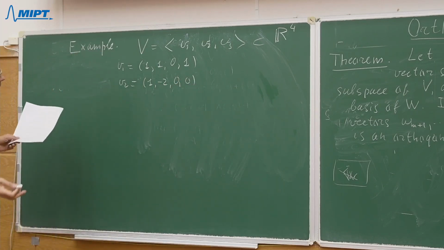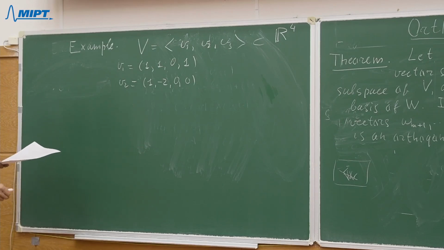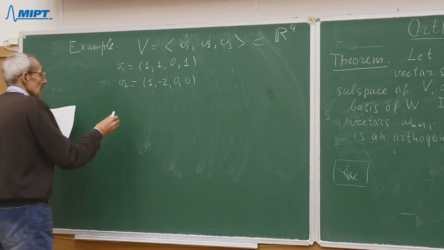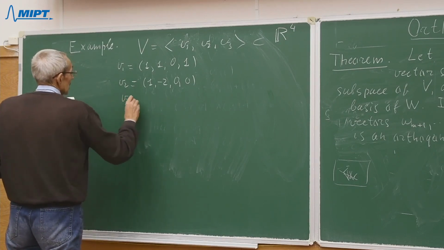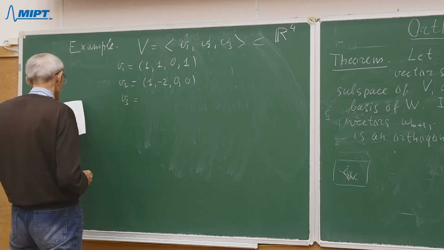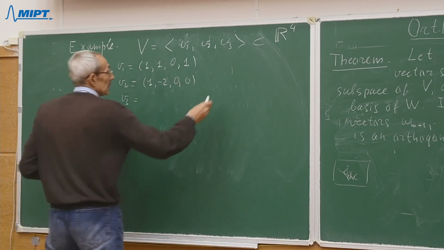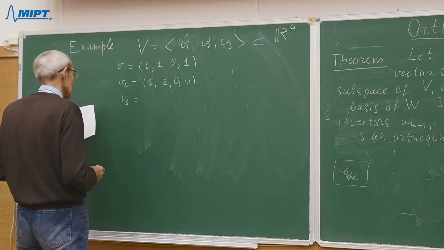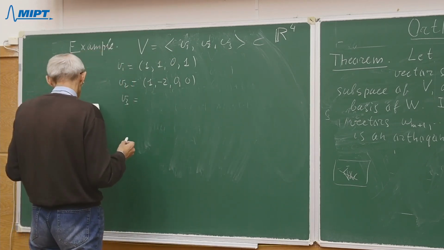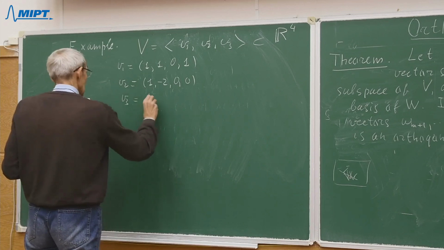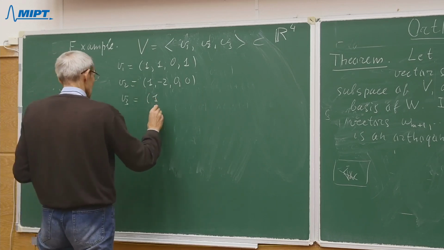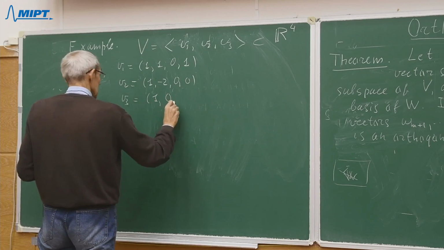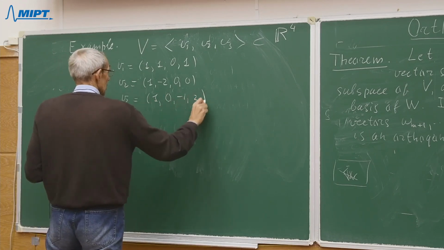We can consider this collection as the coordinates of these vectors in the standard initial basis of the vector space R4. And v3 is the following collection: 1, 0, minus 1, 2.